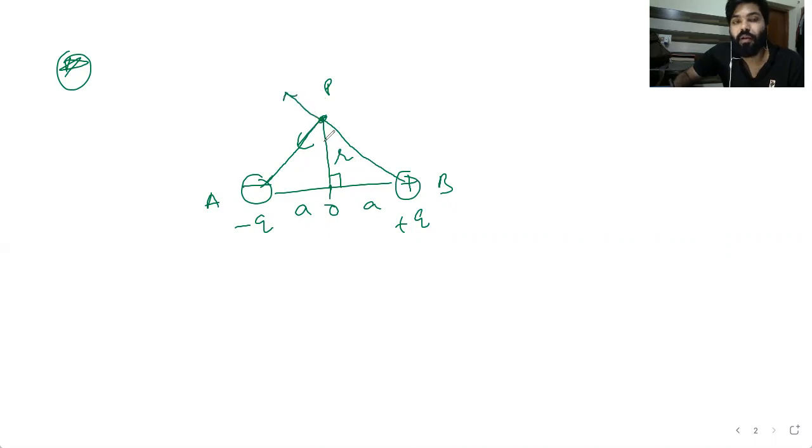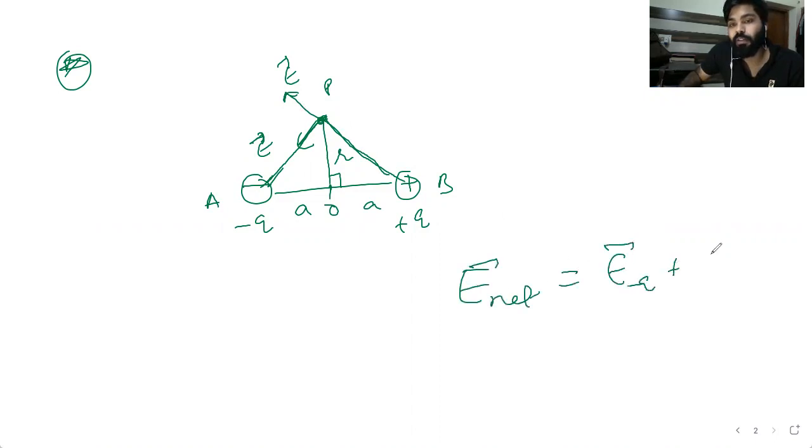Both electric fields, by plus q and by minus q, will be equal in magnitude but different in direction, because both charges have equal magnitude and both are equidistant from P. So we have to find the resultant of these two electric fields, and the net electric field will be the electric field by minus q plus the electric field by plus q. This is a vector sum.